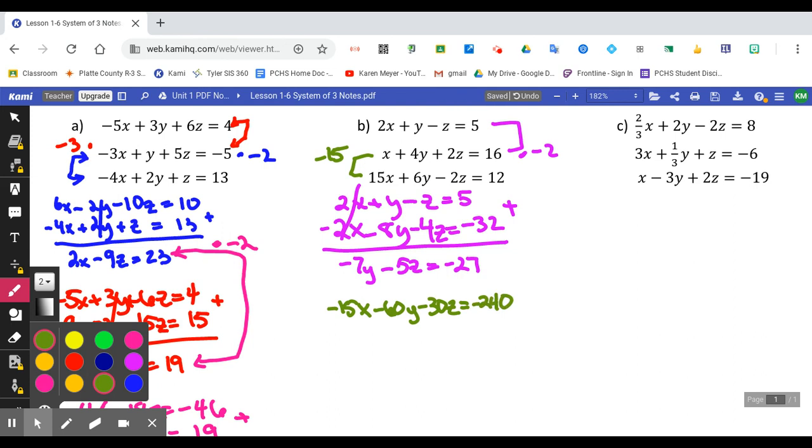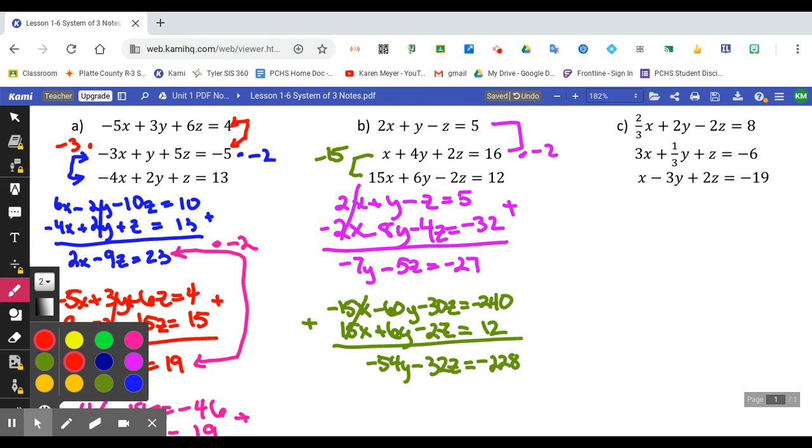Leave the bottom one the same: 15x plus 6y minus 2z equals 12. Add these two together, and you'll come up with -54y minus 32z equals -228.